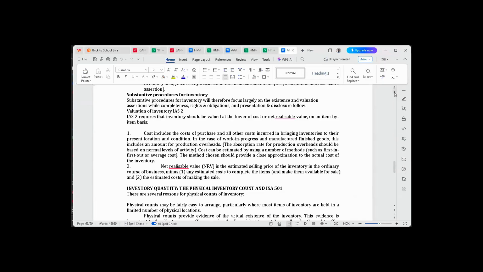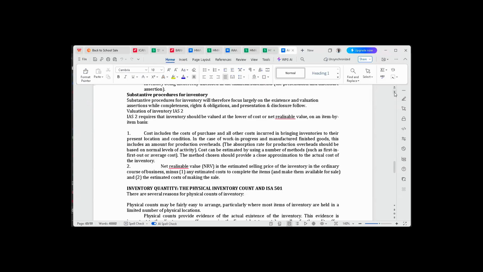You also need to test completeness, rights and obligations, and presentation and disclosure. You need to test that it is properly disclosed, because when there are issues with inventory, let's say there is a discrepancy, we need to put it in the notes to the accounts. That's where the presentation and disclosure assertion will come in.